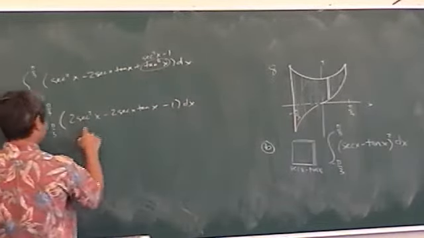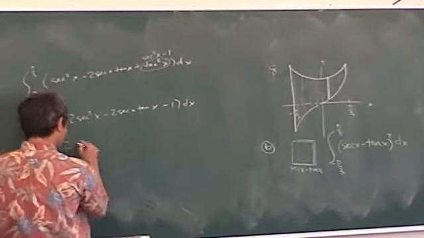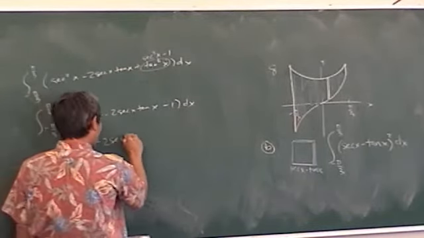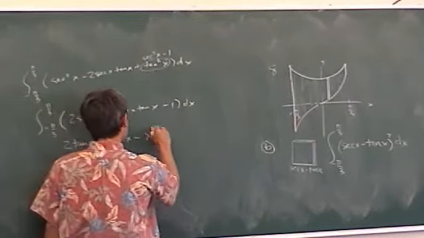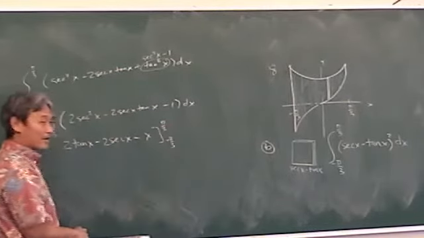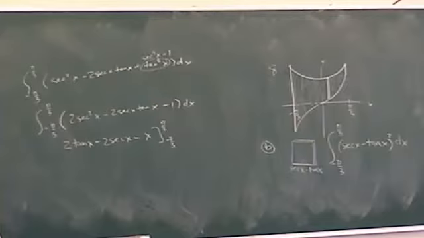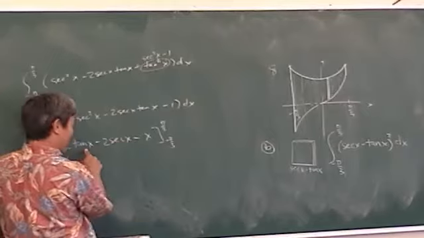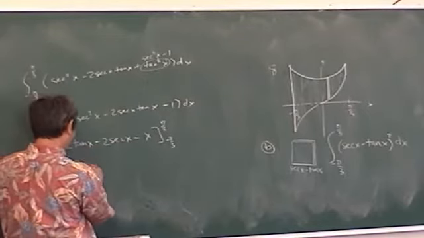So what is this? What's the antiderivative? 2 tangent x minus 2 secant x minus x from negative pi over 3 to pi over 3. Can you take it from there, or should it go one more step? Come on, you. Okay, so tangent of pi over 3 is root 3, so 2 root 3.